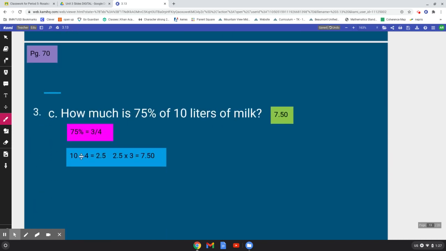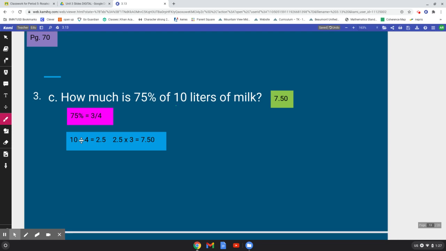And now we have C. How much is 75% of 10 liters of milk? Remember, we divide by 4, the bottom. And then because there's a 3 on top and not a 1 on top, like the number half, we have to multiply by that.